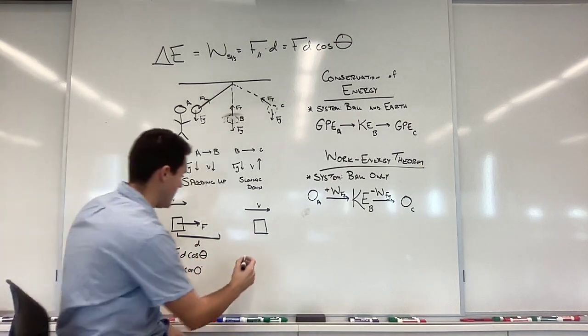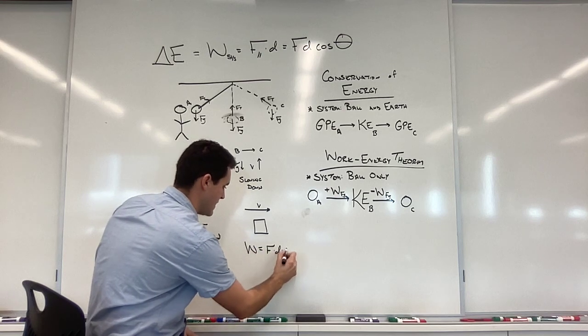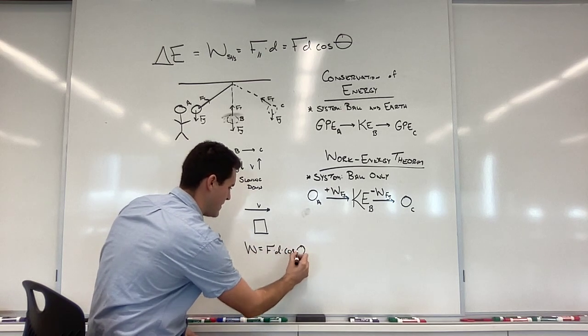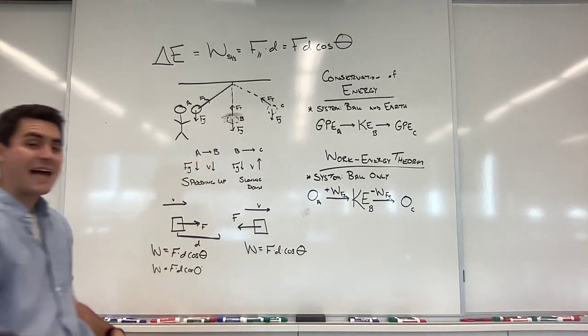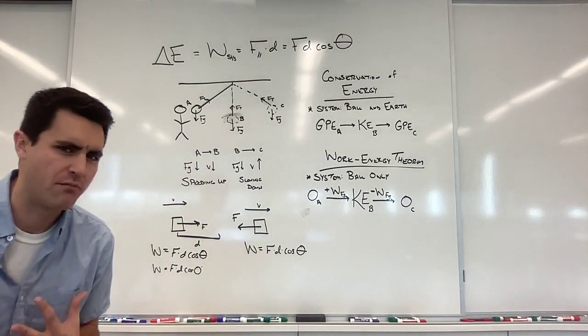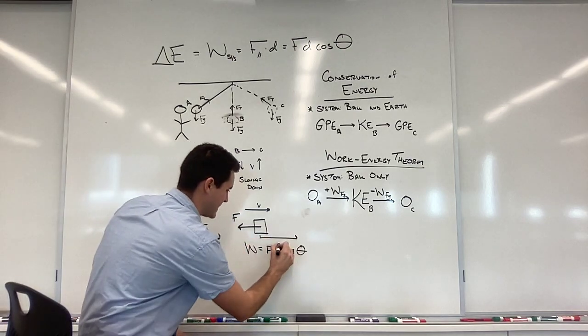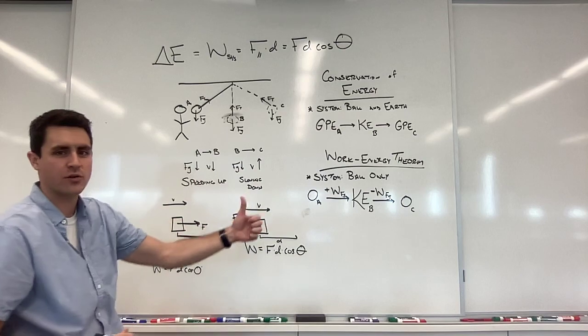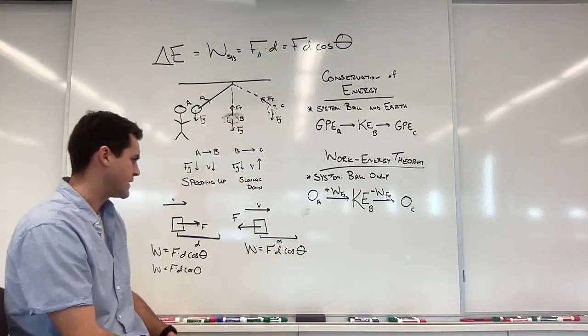Counter to that, if I see this object, work equals F d cosine theta, but in this case, I'm now applying a force opposite the direction of motion, and I apply that force over this distance d. It's moving in this direction, but I'm pulling back on it. That must mean I'm slowing this object down.